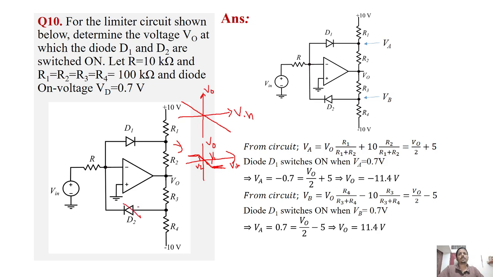If I have only one diode, the non-linearity happens only in one direction, and in the other direction it will be linear. Okay, so this is the limiter circuit. I think it's clear, right?